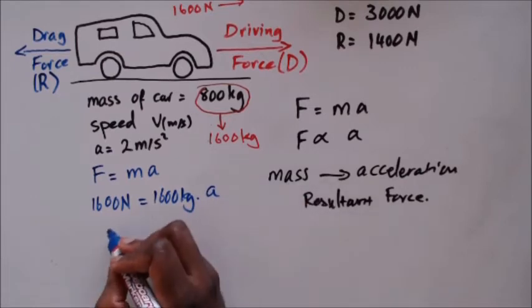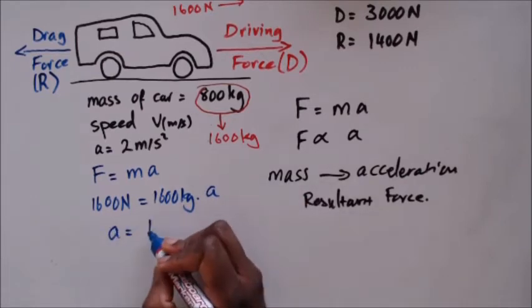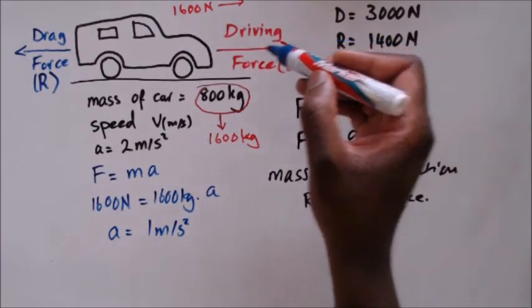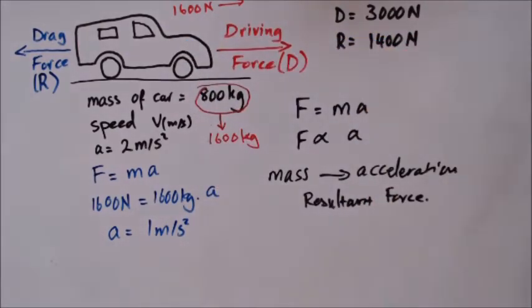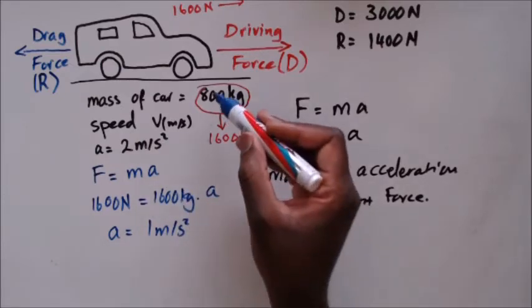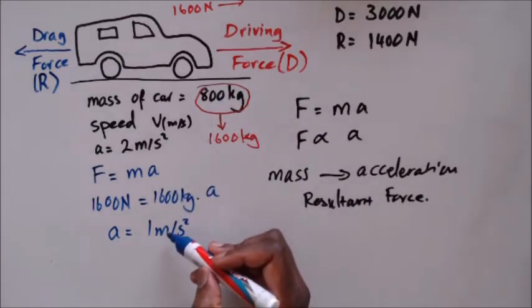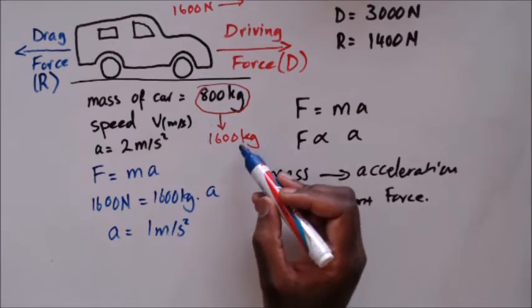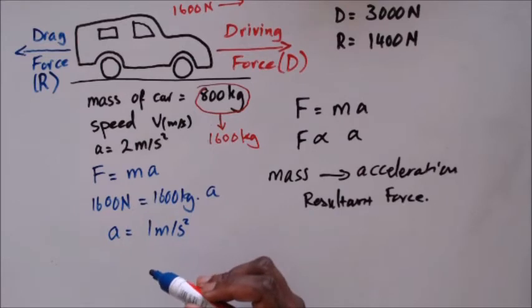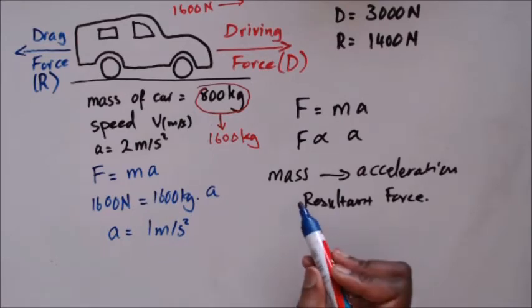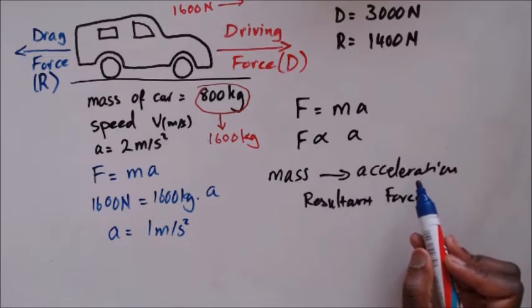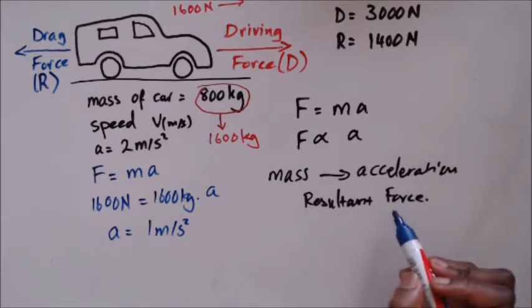And straight away you can see that the acceleration would be equal to 1 meter per second squared, and that would still be in the right hand direction. We see that our acceleration has gone from 2 meters per second squared when our mass was 800 kgs to 1 meter per second squared when our mass is 1,600 kgs. So doubling the mass has halved the acceleration. So again, we come back to this idea that there's a relationship between the mass and the acceleration of a body for a given resultant force.